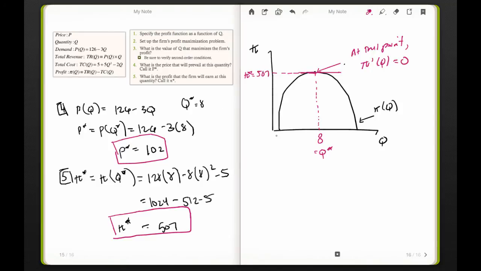And then we checked to make sure that this curved downward, that it was concave downwards, by checking the second derivative. So let me just put here, I don't want to put f, I'll put pi double prime of q is less than 0 for all q.